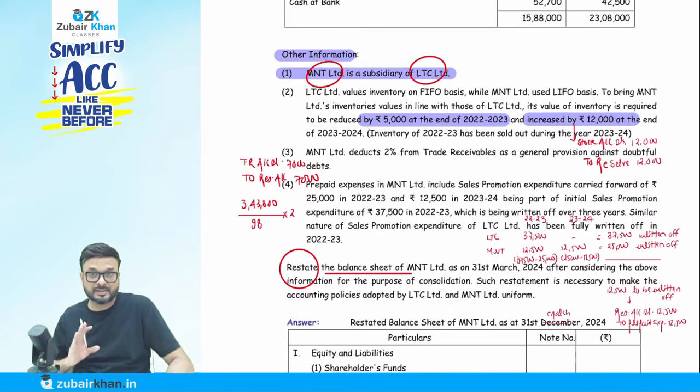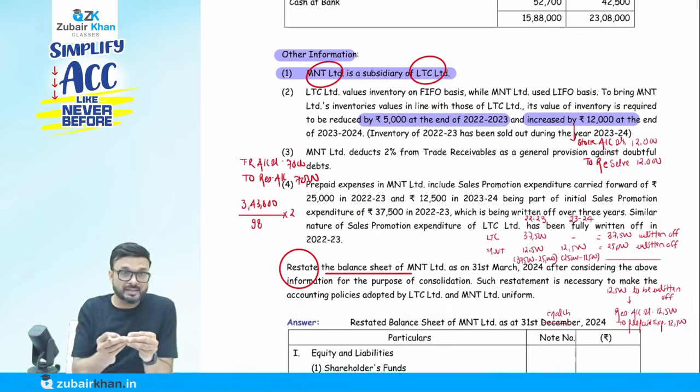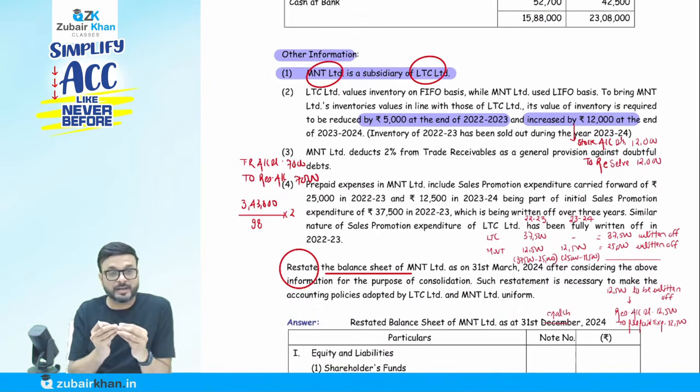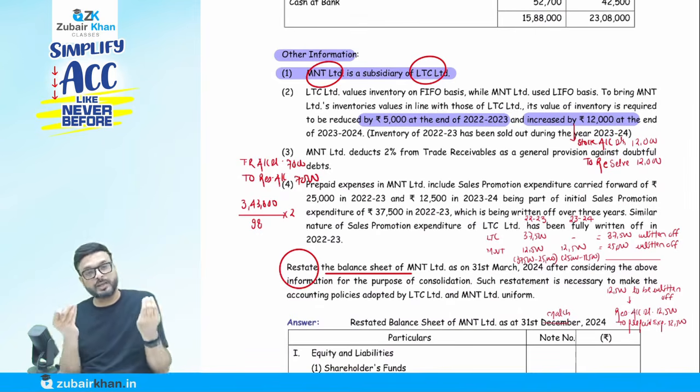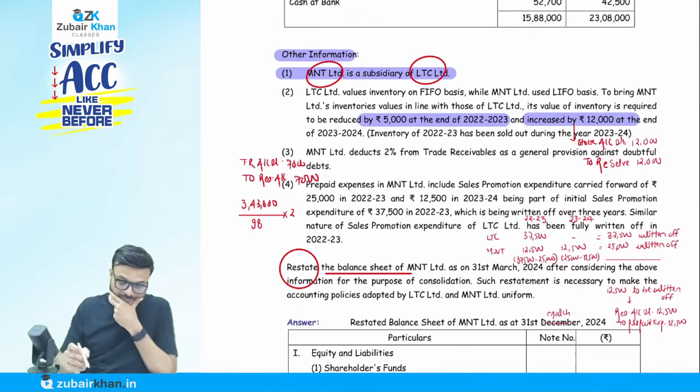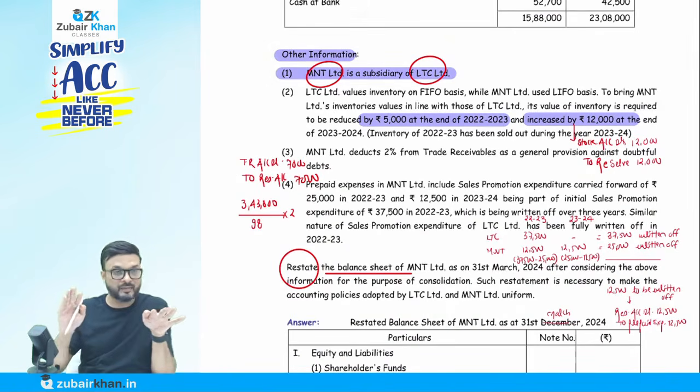Such restatement is necessary to make the accounting policy adopted by the holding company, LTC Limited, and M&T Limited uniform. So we have to make the changes in the books of account of the subsidiary company so that the accounting policy of both companies is uniform. Now we will discuss each of them, but remember one effect in profit, one effect in the relevant item.